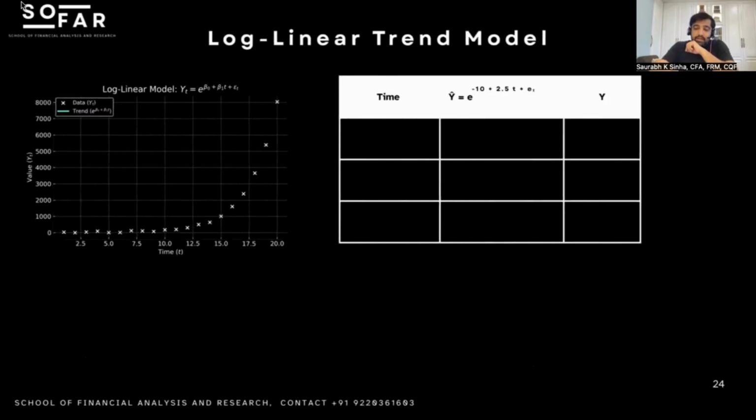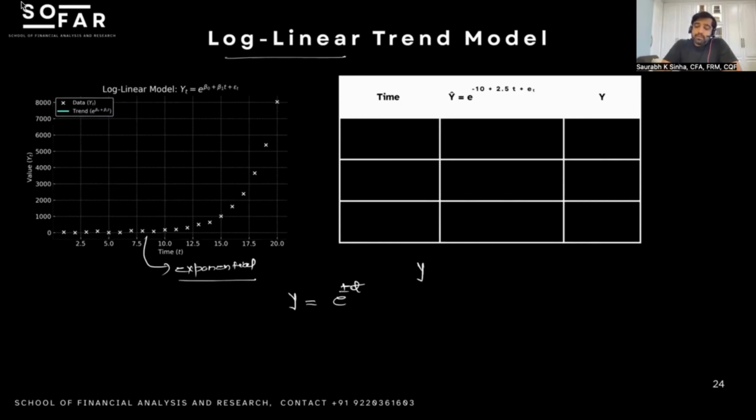So for that, there is another model, exponentially increasing or exponentially decreasing, which is called the log linear trend model. Why we call it log linear, we'll talk about it, but intuitively, this model is an exponential model. Because when you write that y is dependent upon time, you say it is exponentially dependent upon time. Either it is increasing exponentially or it is decreasing exponentially.